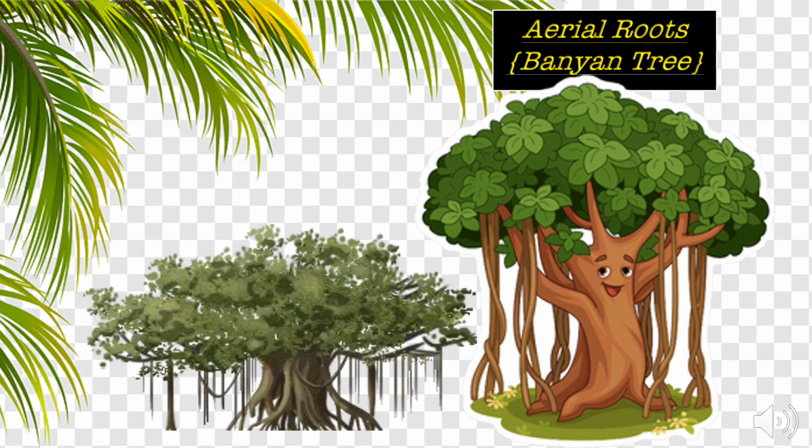These are called aerial roots. These roots hang in the air and are not covered by soil. Right? I'm sure you all must have seen a banyan tree somewhere around. If not, tell your papa to show it to you.